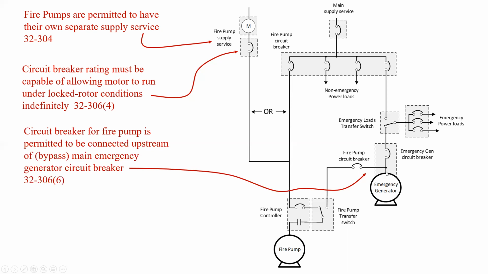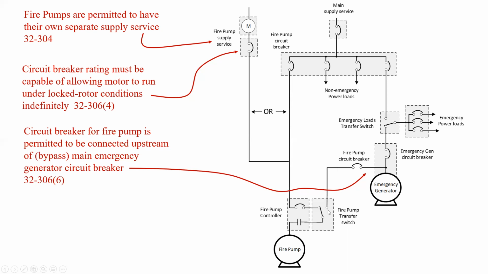On many of them, there is an allowable connection on the supply side of this breaker that allows for us to connect a fire pump circuit breaker to it. And the reason for that is it prevents any sort of selective coordination problems or any sort of issue where this may trip. We want this to continue running.